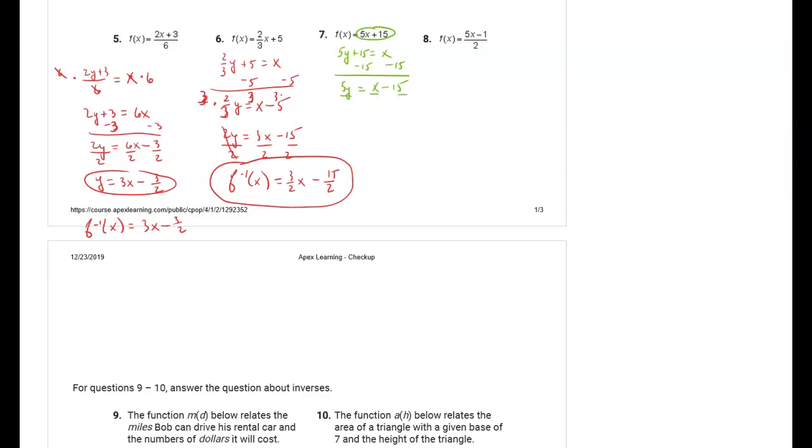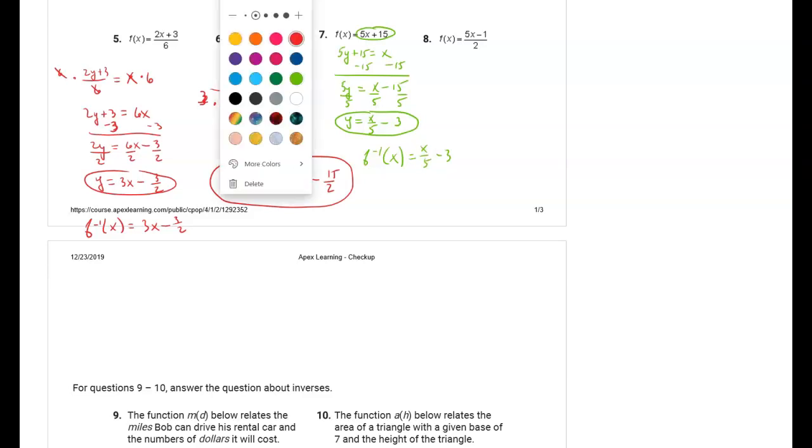Now I'm going to divide everything here by 5. So y is equal to x over 5 minus 3. All right, how do we write our final answer? The inverse of f of x is equal to x over 5 minus 3.